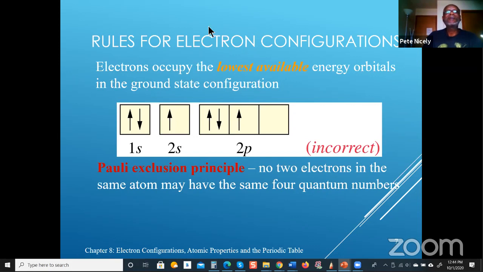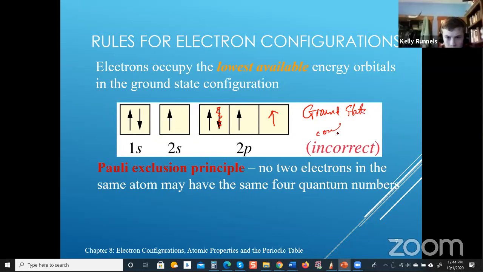In fact, let me see here. The correct electron configuration would be where this arrow would not be here, and an arrow would be here, right? And that would be the ground state configuration, all right? The electrons would prefer to spread.